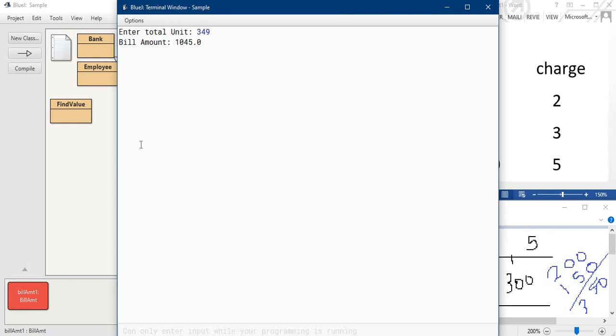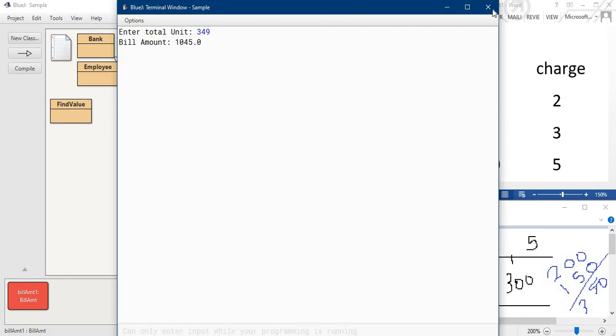You can see the first 100 unit 5.74, next 200 unit 5.89, next 78 unit 5.98, like that they write over there. According to this calculation they take a charge against the electricity bill. The same methodology they follow for preparing the electricity bill.